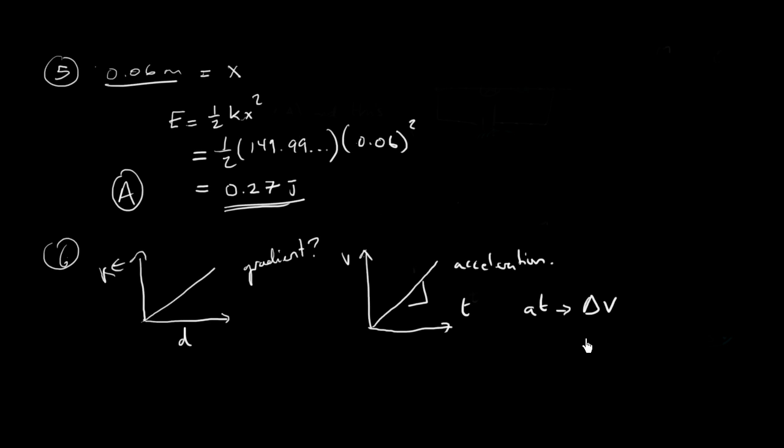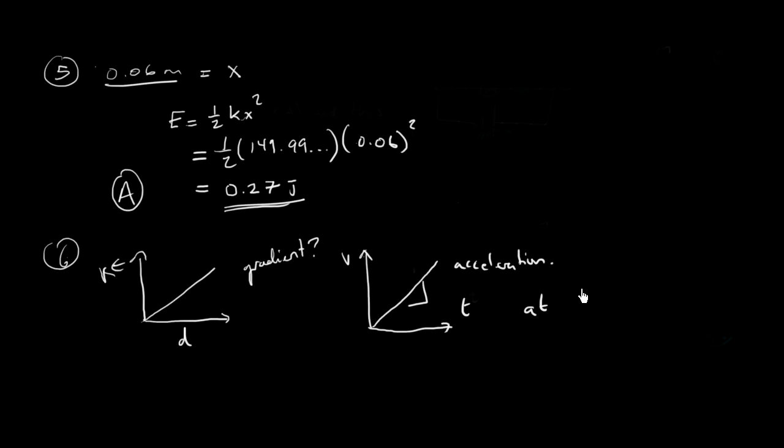Because the change in velocity divided by the time taken is equal to the acceleration. So if you multiply the gradient times the x-axis, you get the change in the y-axis. Hopefully that makes sense. So if I have dy by dx and I multiply it by dx, I get the change in y. So here there's a similar thing happening.